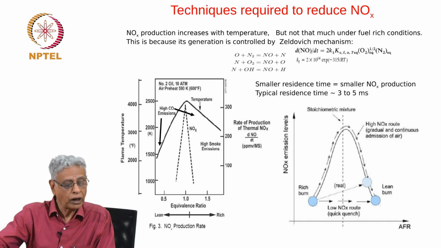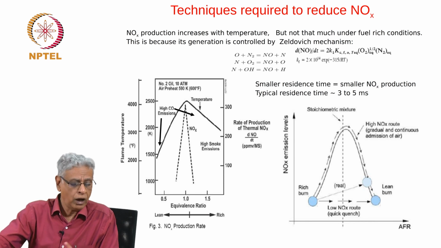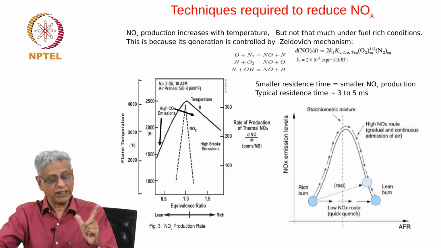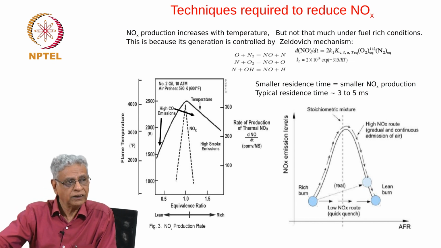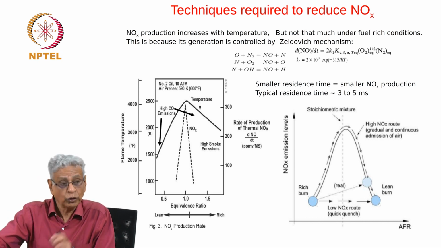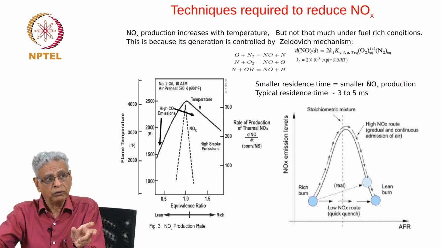So, it goes down on either side, and if you go to very fuel rich conditions, you have high smoke emissions. You will find CO being formed because of low temperature at lean conditions, even though oxygen is in excess, and it's found in larger amounts in rich conditions because it does not have enough oxygen to get oxidized. So, this is a complex feature which controls the formation of NOx and CO.